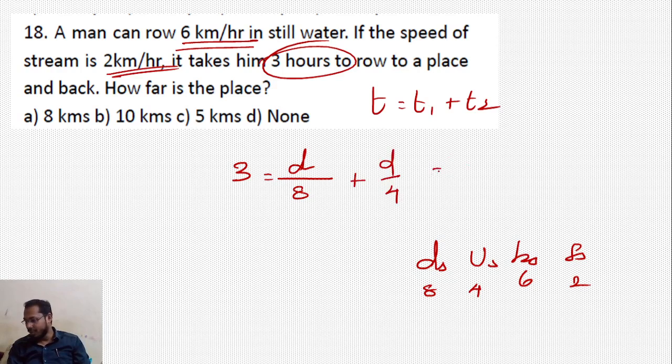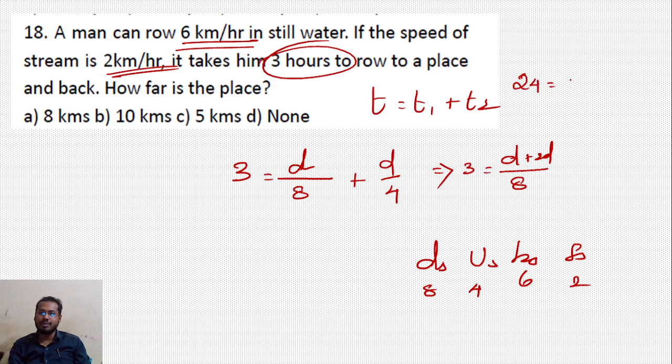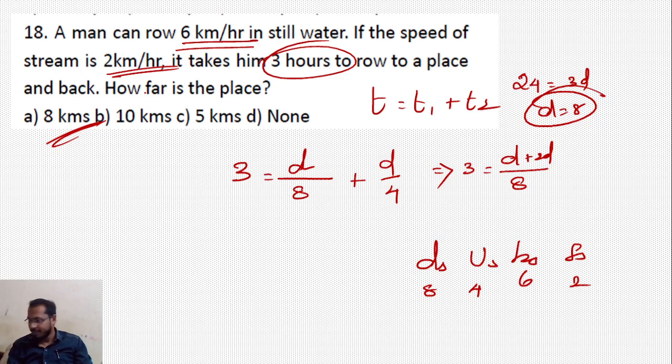Just solve this. 3 is equal to, LCM is 8, so d plus 2d. So 8 times 3 is 24, that is equal to 3d. So d is equal to 8. That's the right answer. Clear?